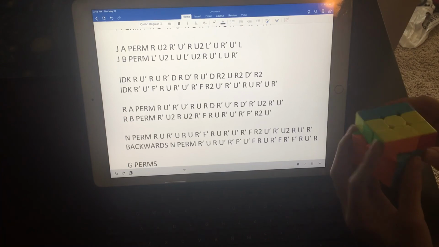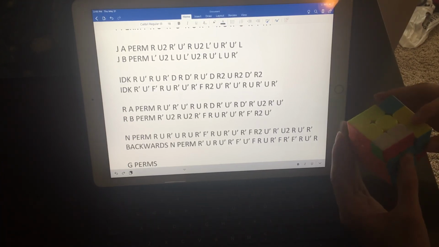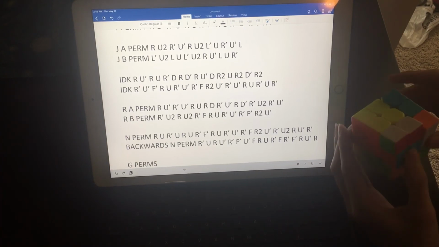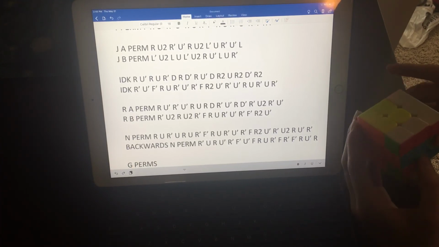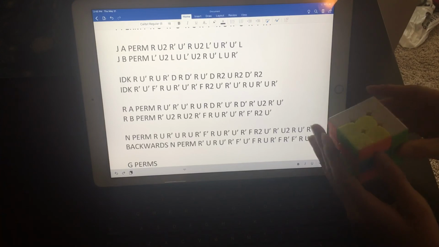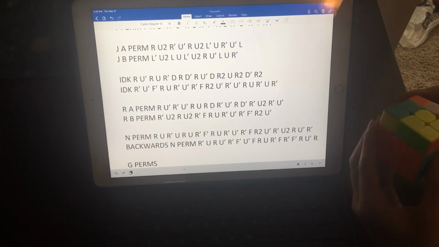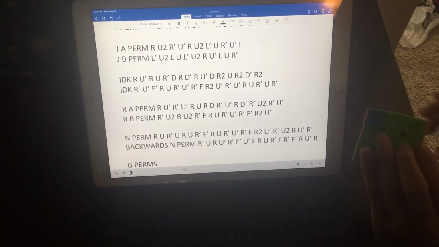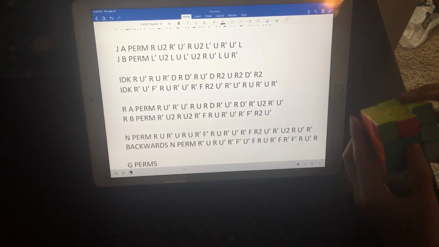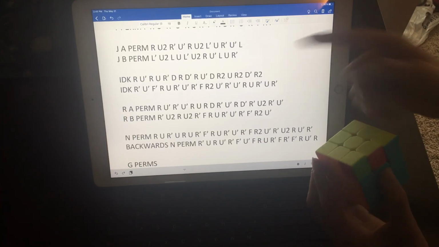R, U prime, R, U, R prime, D, R, D prime, R, U prime, D, R2, U, R2, D prime, R2. So again, how you see it, you have two here, and this dot, and we do this algorithm.